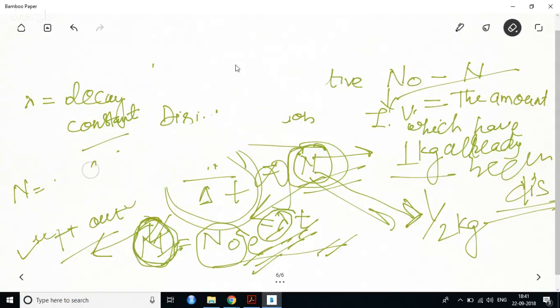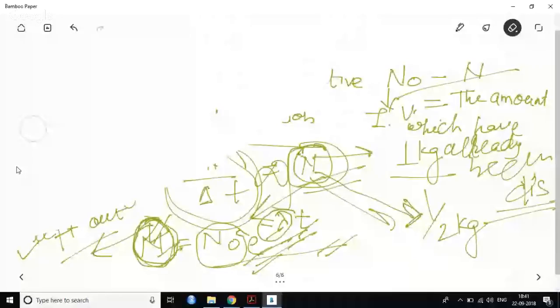Now I am moving to a very important concept which can be there in your exam, which is half life period. What do you mean by half life period? The time taken by the radioactive substance to disintegrate itself to half the amount of the initial value is known as the half life period.